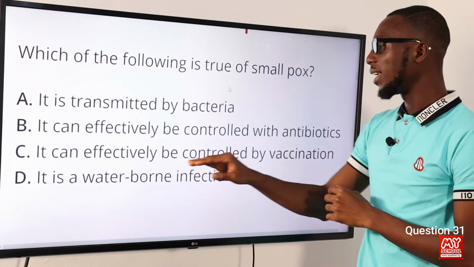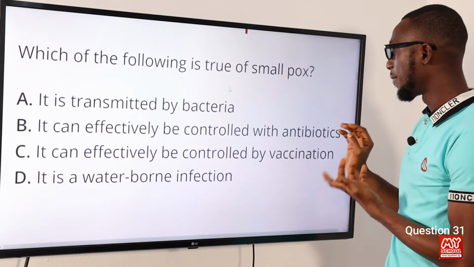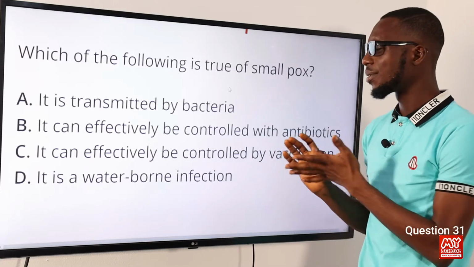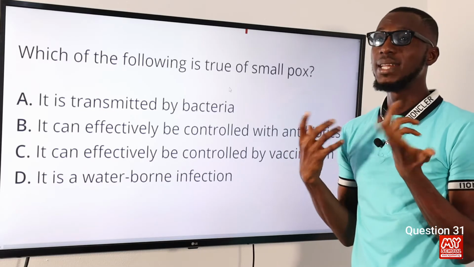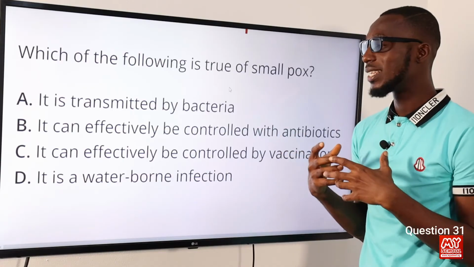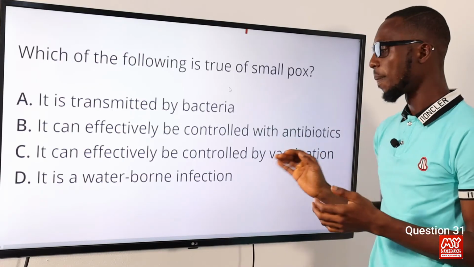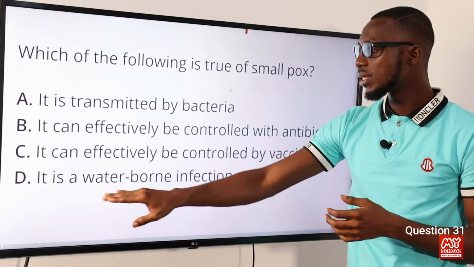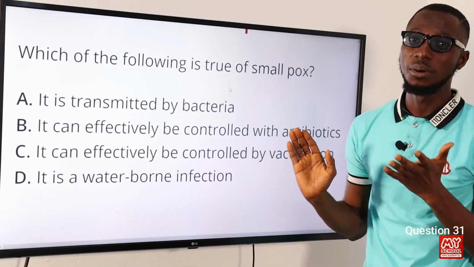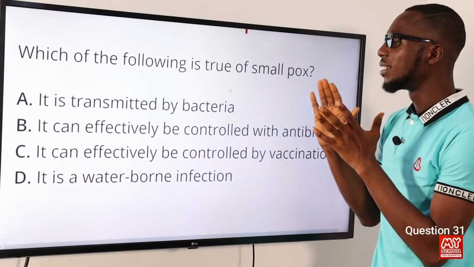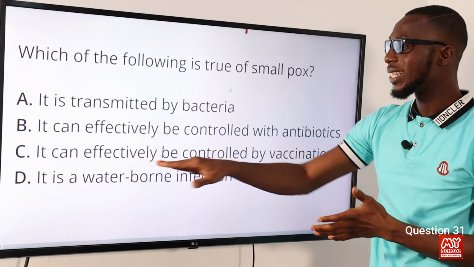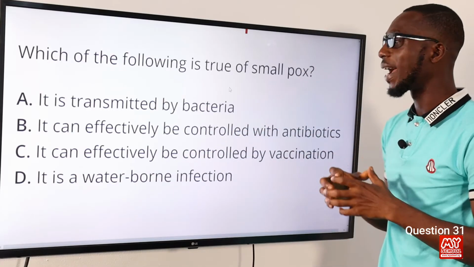It can be effectively controlled by vaccination. It's a serious disease, but it is now scientifically believed to be eradicated, so we can take this. It is a waterborne infection. This is also incorrect. It is airborne. So the most viable option is option C. It can be effectively controlled by vaccination.